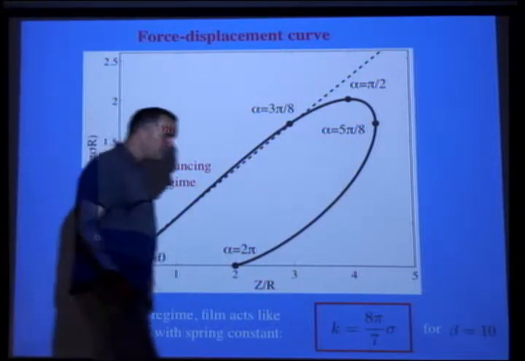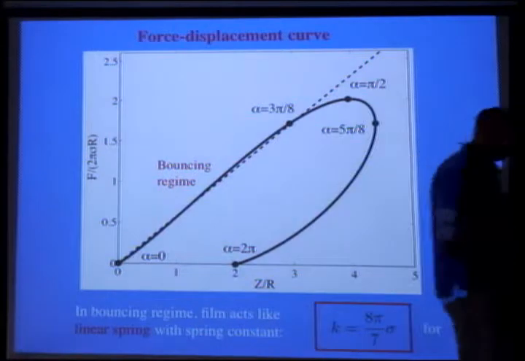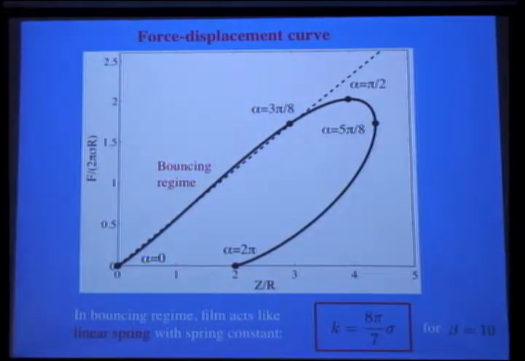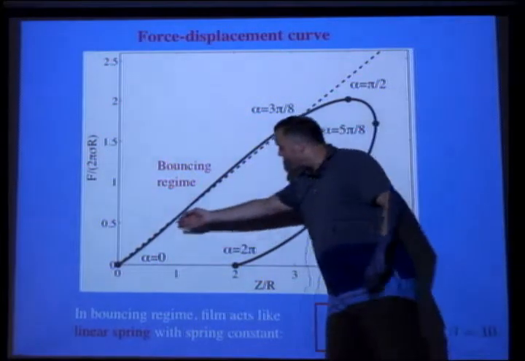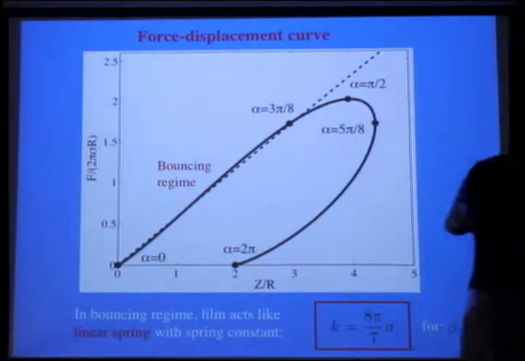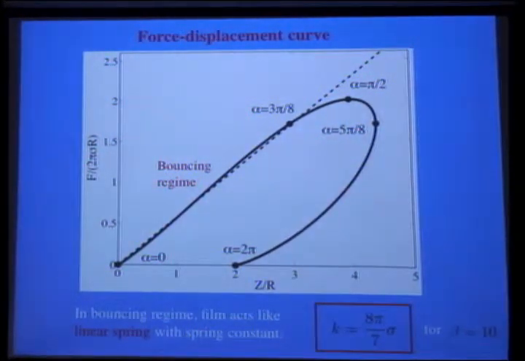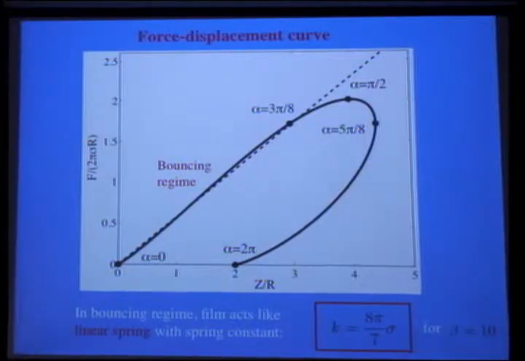Okay? So it's a very nice feature, and you can hope, because of this good fortune in this being linear, we can actually write down equations of motion and hope to get a good description of the system. Right?